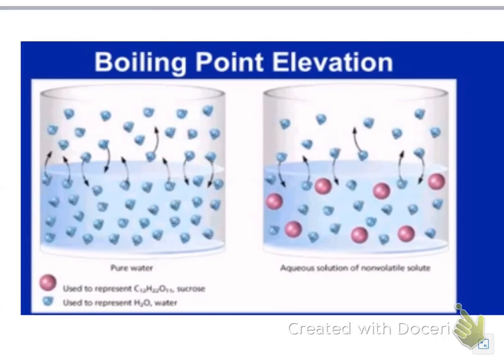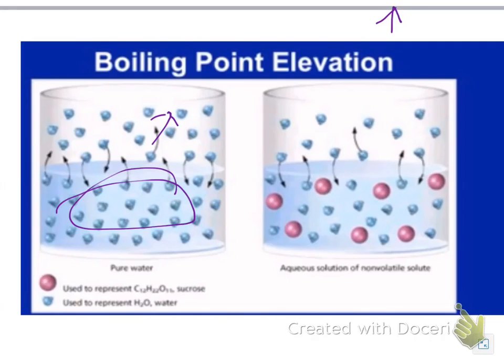Okay. I also can have boiling point elevation, which means the boiling point will go up if I have a solute dissolved. So here I have just water. Particles gain enough energy that they can escape and form this vapor above the liquid, right? That's boiling.